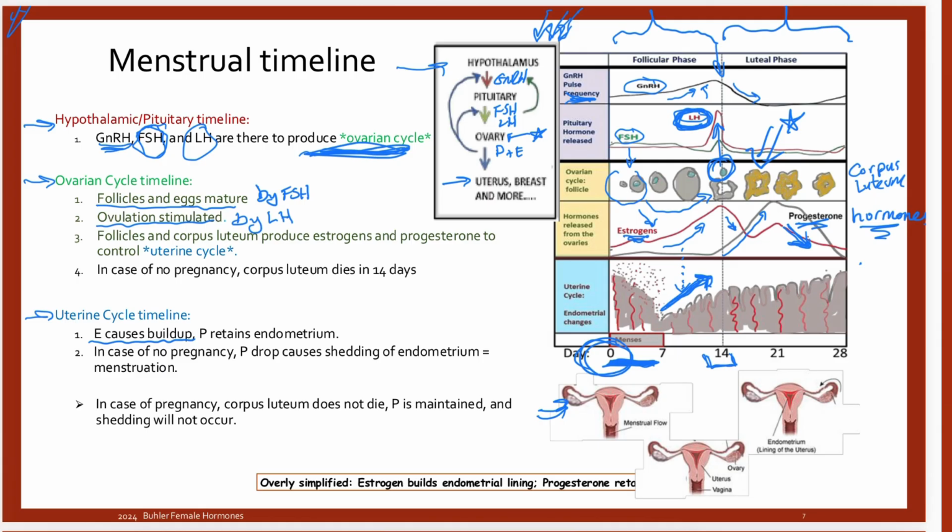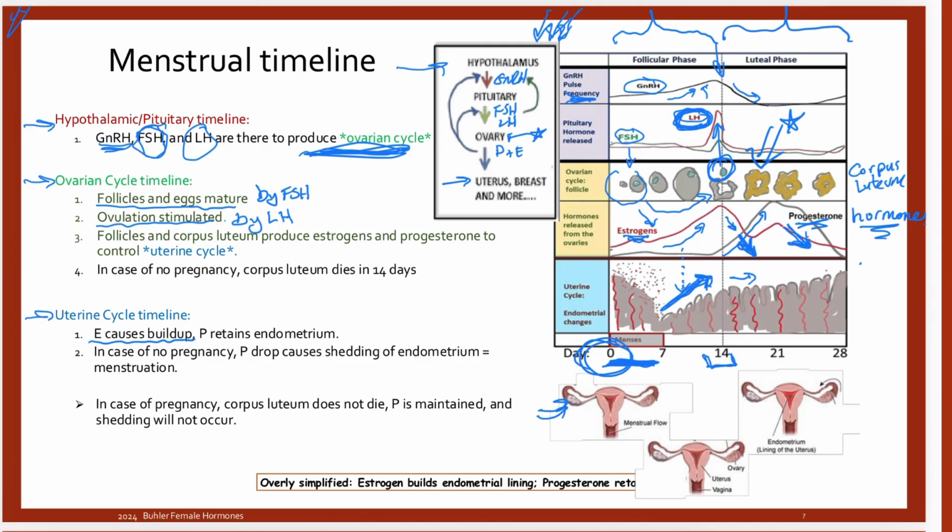The lining stuck around for a little while because it wants to make sure that it's there if there's a fertilized egg that needs to implant. But if there isn't a fertilized egg to implant, that estrogen is going to now go down because you don't need to keep building the endometrial lining if there is no pregnancy. Instead, if there's no pregnancy, you want to shed the endometrial lining you have so that you can build a new one the next month.